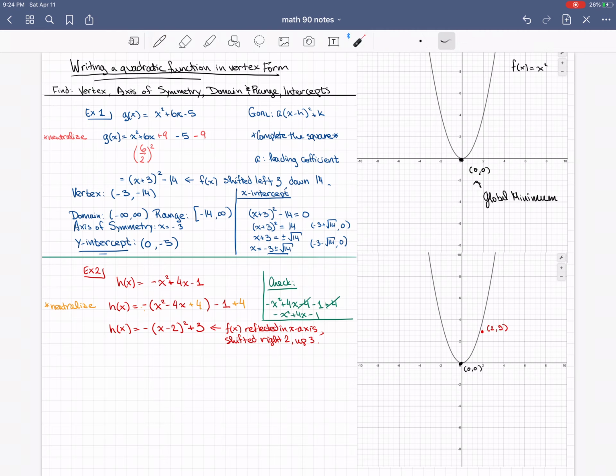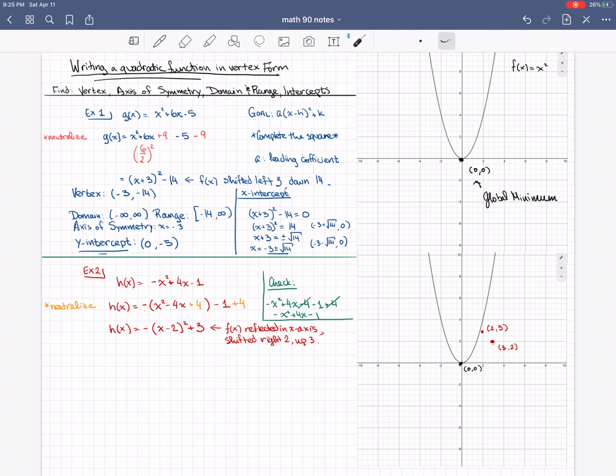Now the point 1, 1. So 1, 1, shift right 2, 1, 2. Reflect in the x-axis, so now that goes there. And then shift up 3, so that lands us here. So that point, which is 3, 2, is where the point 1, 1 ended up.